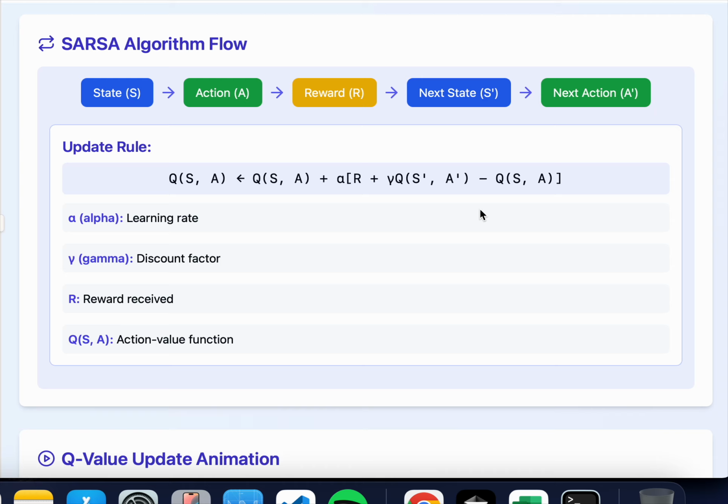It tells us how much we care about future rewards. Alpha is the learning rate, how fast we adapt to new information, and Q is our action value function, the table or network that holds what we have learned so far.